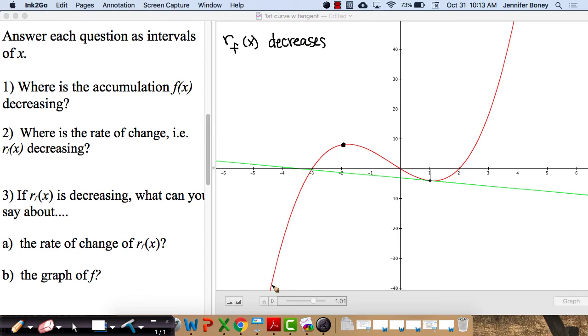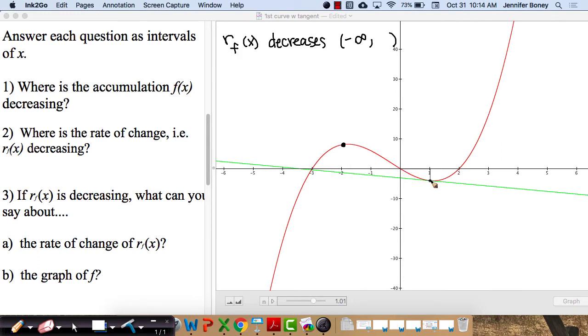From here, where I've got an extremely large positive number, as I move to the right, it becomes less positive, less positive, less positive. And it keeps decreasing until somewhere around the center section here. So I'll just say negative infinity through, and I'll leave that as a blank for right now. But I know by the time I get to, for instance, around x equals 0, this is a negative rate, but it's less negative than it used to be.